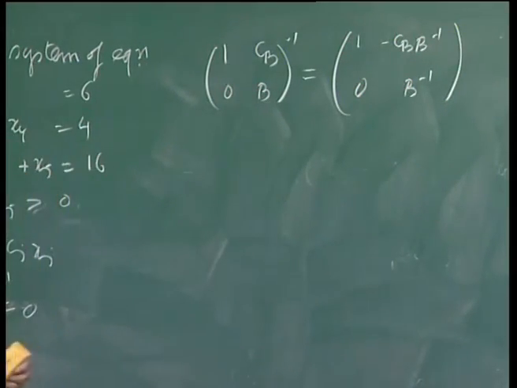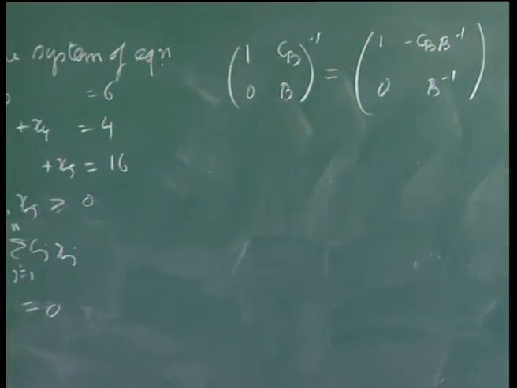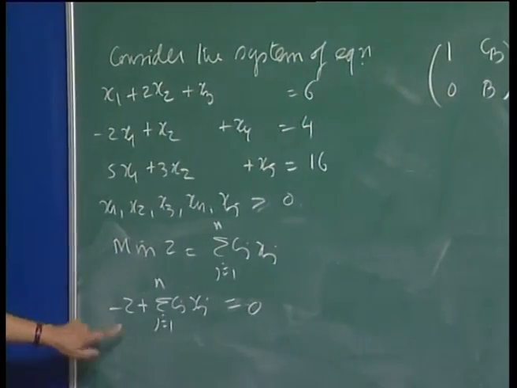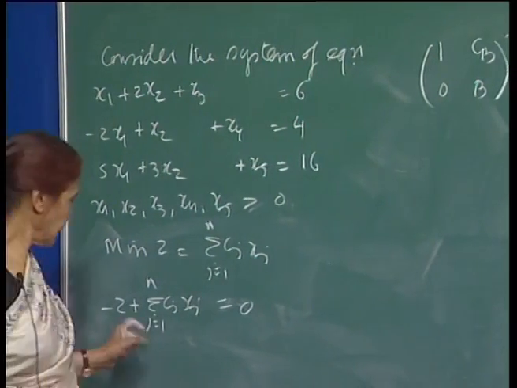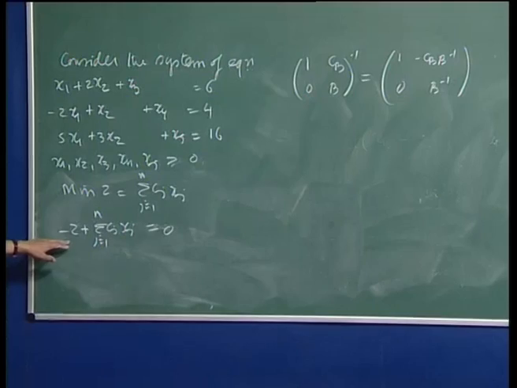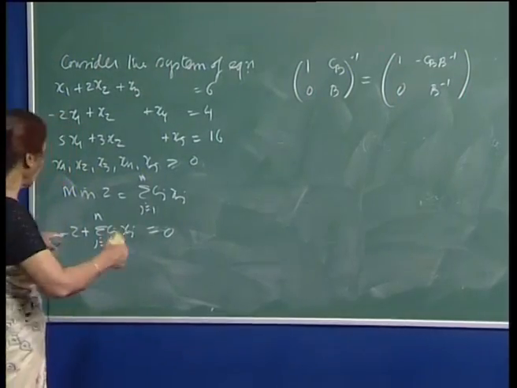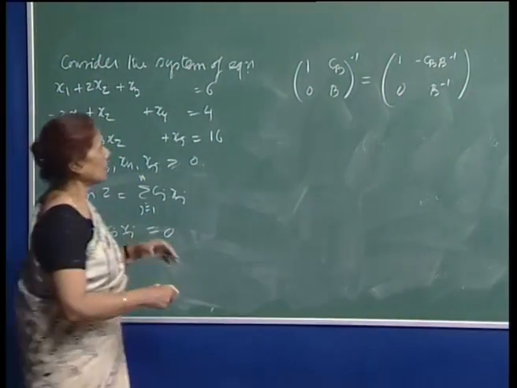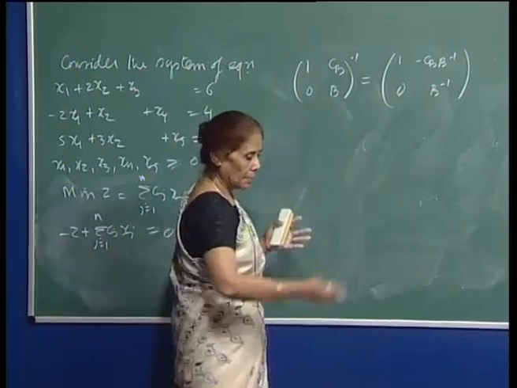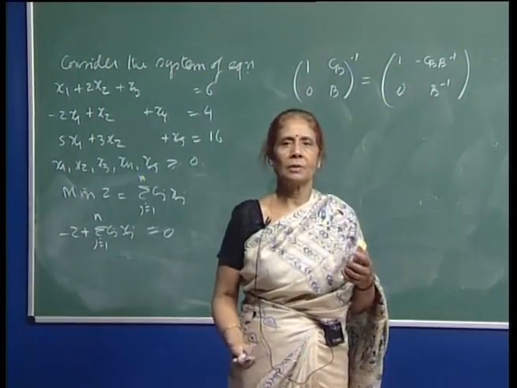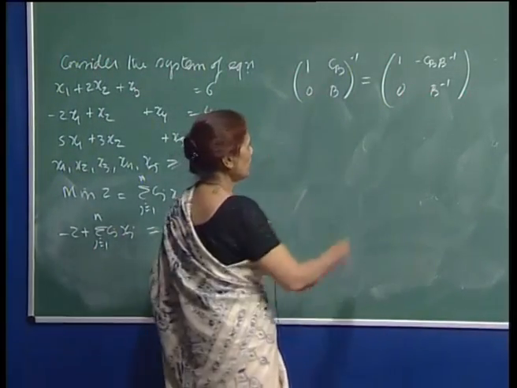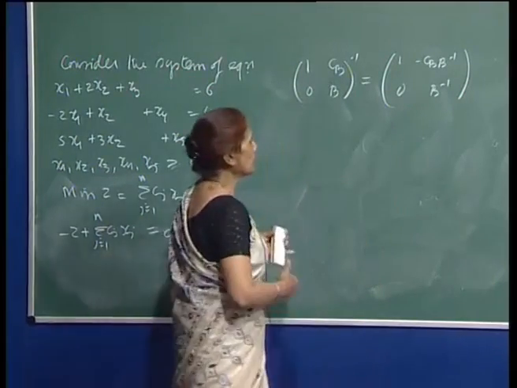Remember, I have added one more variable, and that is why this column, because this is minus z. Here the corresponding column z does not appear in any of the equations. So, therefore, the corresponding column is 1 0 0, because I need to have an m plus 1 by m plus 1 matrix. This is the whole idea. So, this inverse will be this, right.